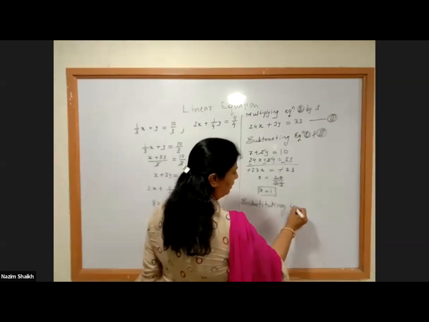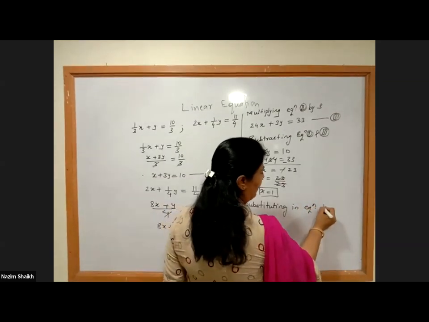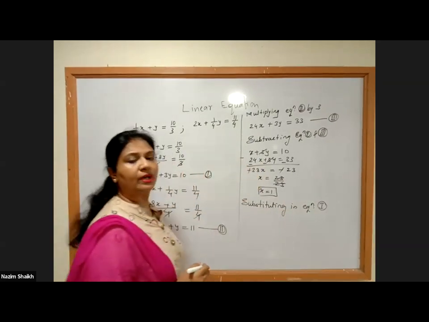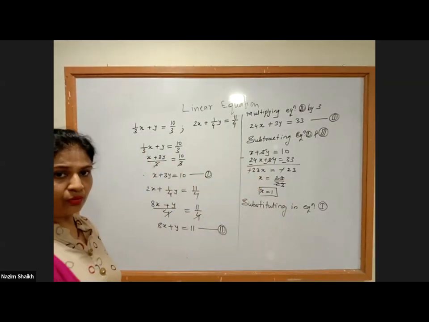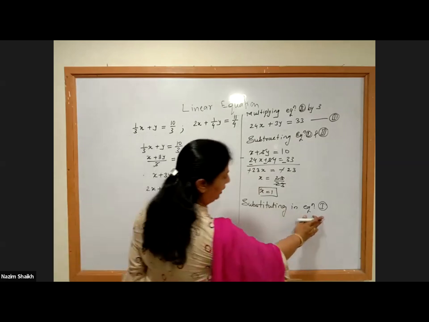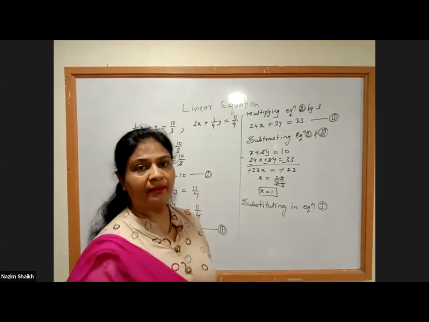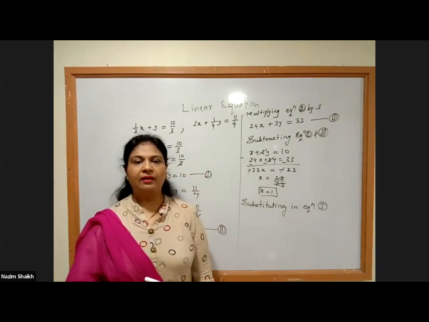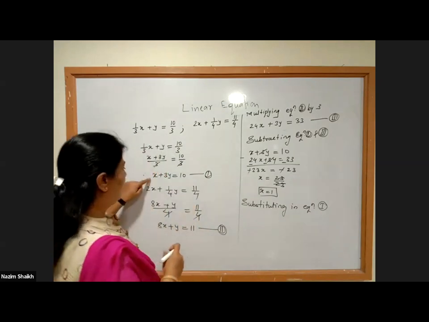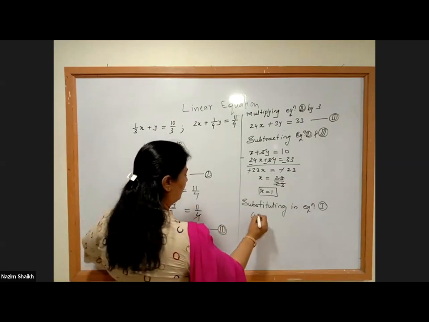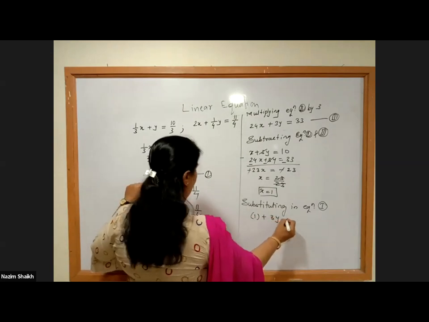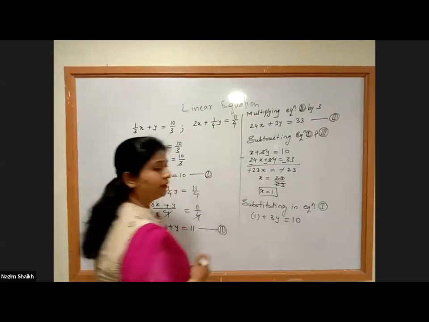Substituting where? In equation. As I said, any one equation you can substitute, 1 or 2 or 3. So I am substituting in 1. So what will I get? x is your 1 plus 3y is equal to 10.